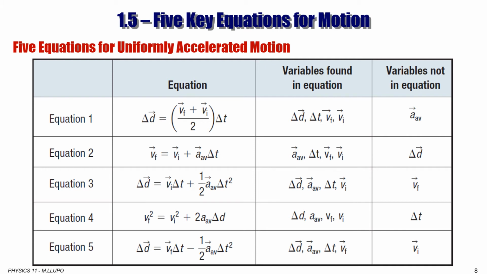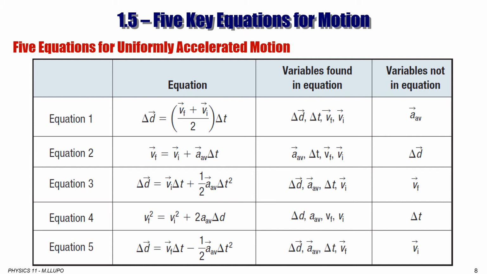As a matter of fact, you have equation number 1 and equation number 2 for kinematics, because equation 3, equation 4, and equation 5 are just combinations of those first 2. Anyway, if you have that many equations, how can you decide which one to use to solve a physics problem?